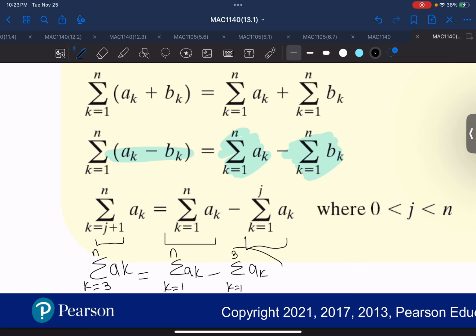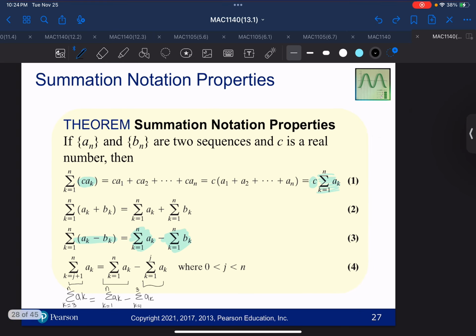So this would give you everything from 1 to 3, and we could subtract that from everything from 1 to infinity, and that'll just give us what's left, since it's the sum.